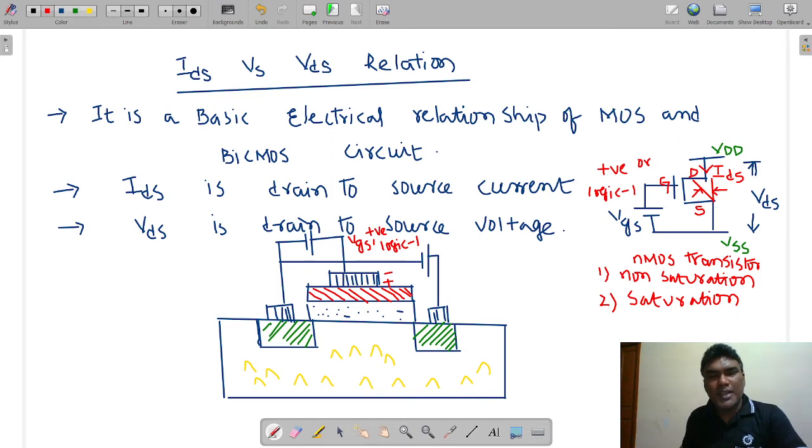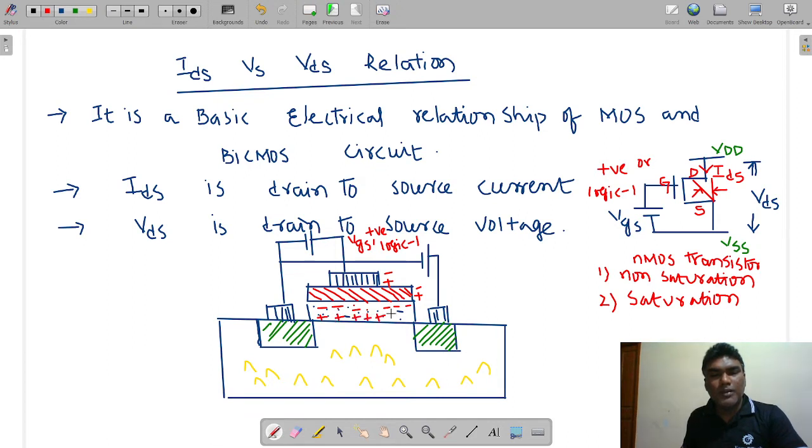Polysilicon is also a conduction layer, with positive and negative charge carriers. By applying voltage, there is movement of the charge carriers. The negative charge carriers in the polysilicon are attracted towards the positives, and the SiO2 layer also has negative charge carriers, and below the SiO2 layer positive charge carriers are formed.